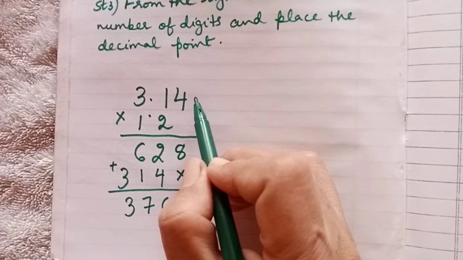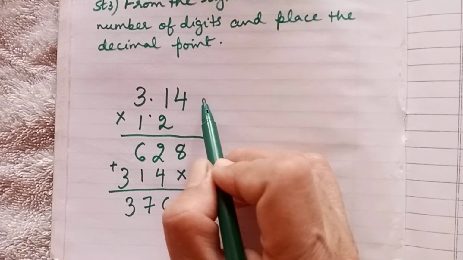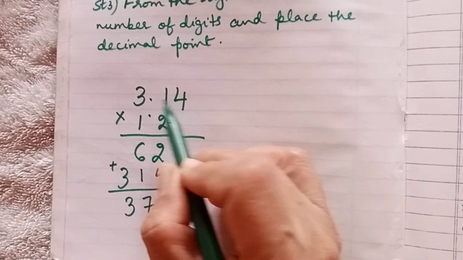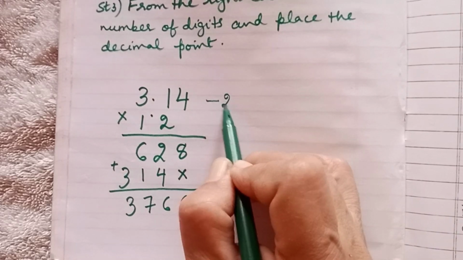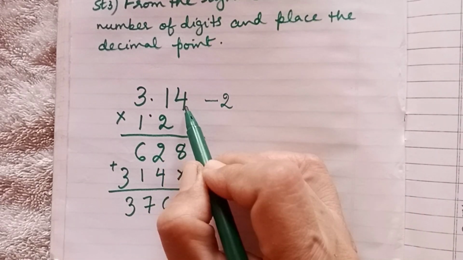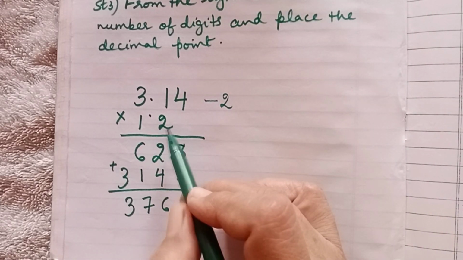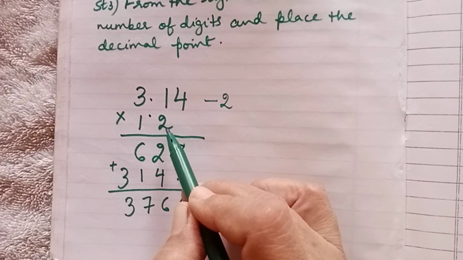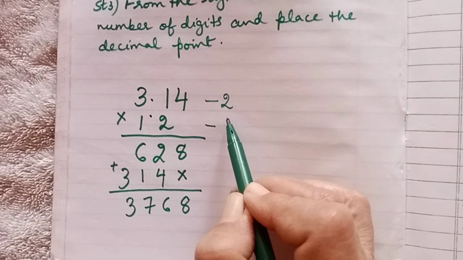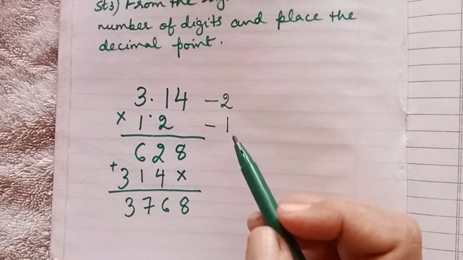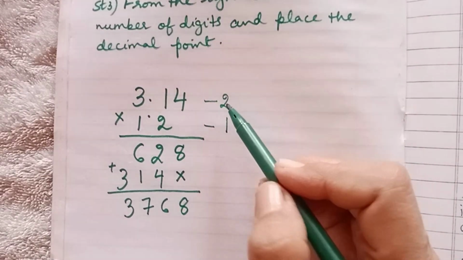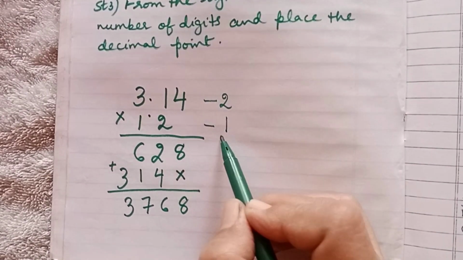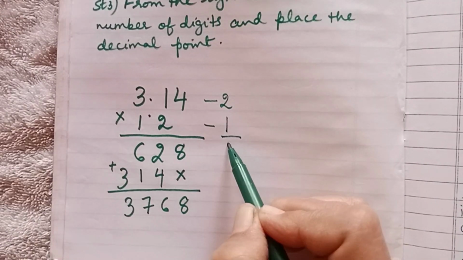Now we will count the digits in the first number which are to the right of the decimal. Here there are two digits, 1 and 4, and in the second number to the right of the decimal there is only one digit, which is 2. So the total number of digits after the decimal is 2 plus 1, which is 3.